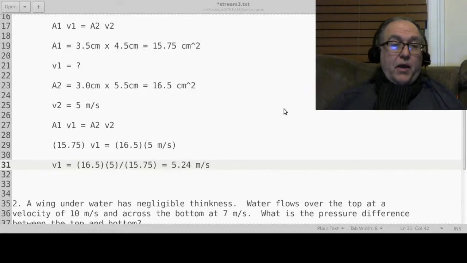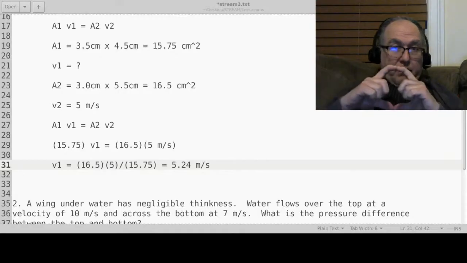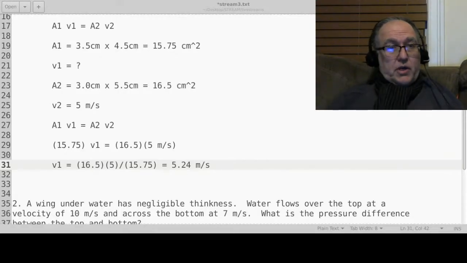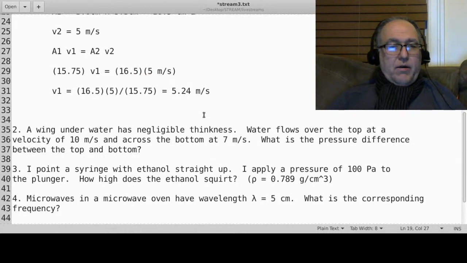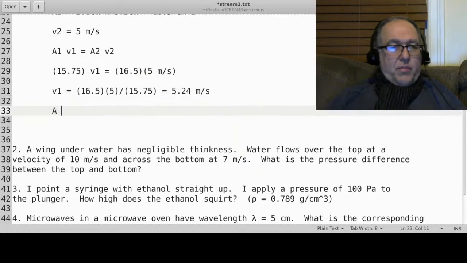The only other thing I'm going to say to you is, what if I'd given you a round pipe? If it's circular, then you don't want to use length times width, which is what you would do with a rectangle. If it's circular, you have to use the formula A is equal to pi r squared, and this is for a circular cross-sectional area.